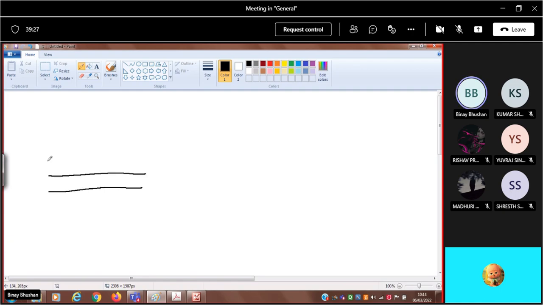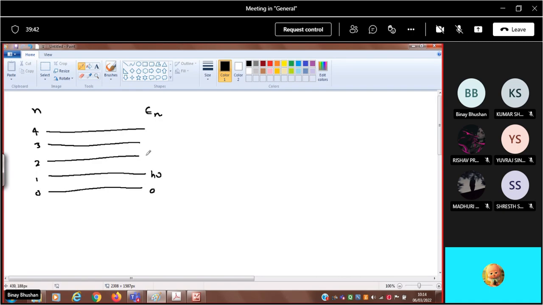These are the energy levels. Now we can have several oscillators inside that black body.